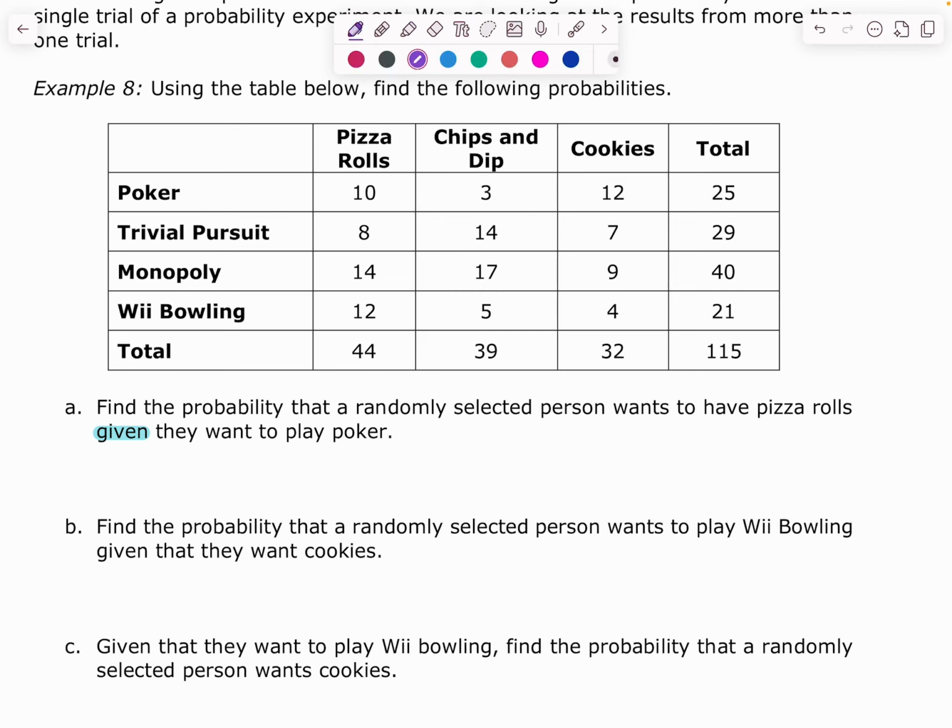The way I'm going to write this out is I want to find the probability that they want pizza rolls, and then I'm going to use a straight line to indicate given, and then I'm going to say poker. My numerator is going to be the number of people that wanted pizza rolls and poker.